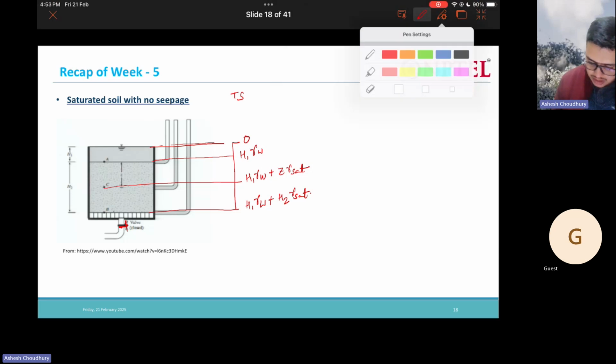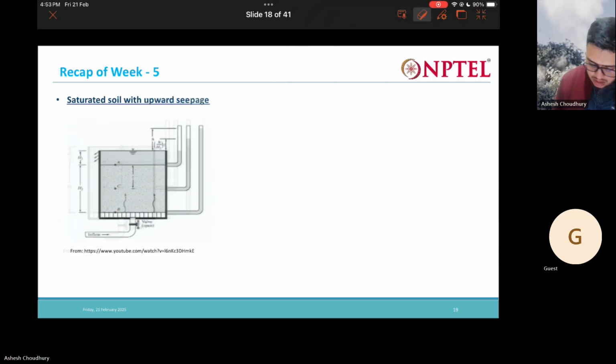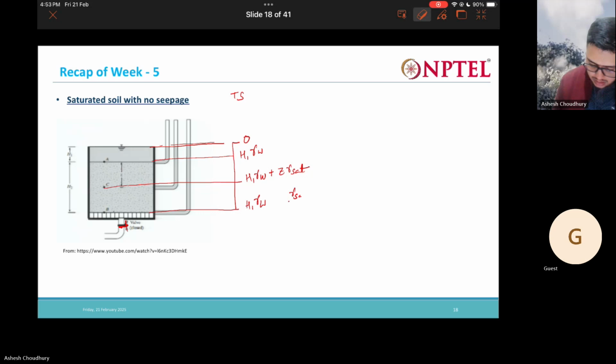No, I've made a mistake. H1 plus H2 gamma W, right? This one plus H2 gamma sat, isn't it?